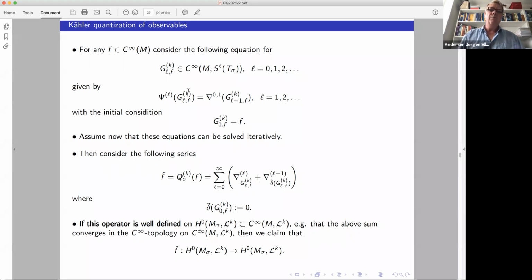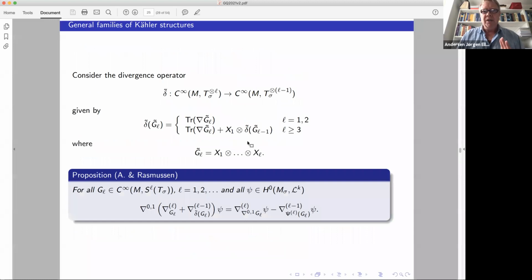And then I will assume that there is a tensor such that when I apply CL to it, I get d-bar of that. And then I continue doing this over and over and get higher order tensors. I will assume this set of equations can be solved iteratively. Let's just have a look at how reasonable that is.